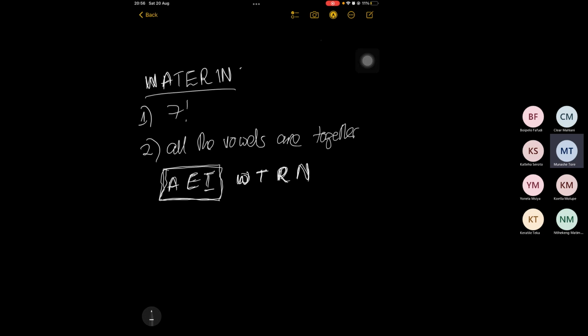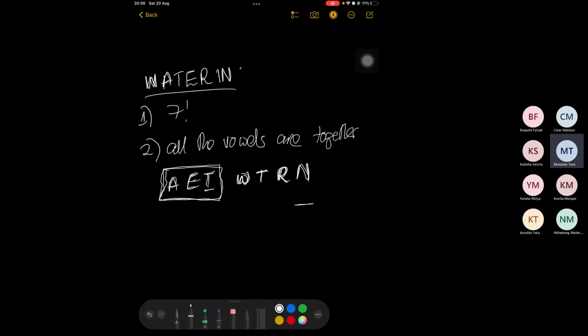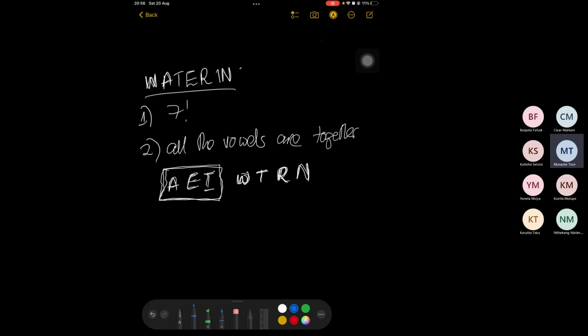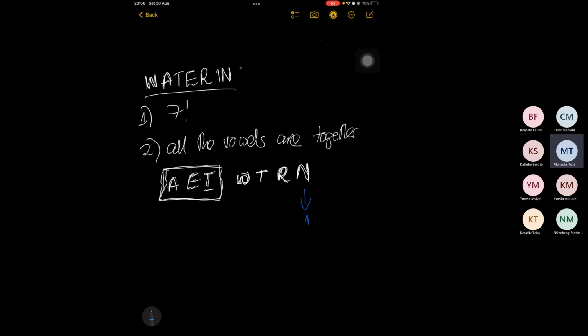Then if you consider this as one letter, how many positions do you have left now? Okay, so this is going to be position 1. Then this is going to be position 2. This is position 3. This is position 4. Then this, as it is, is going to be considered as position number 5.